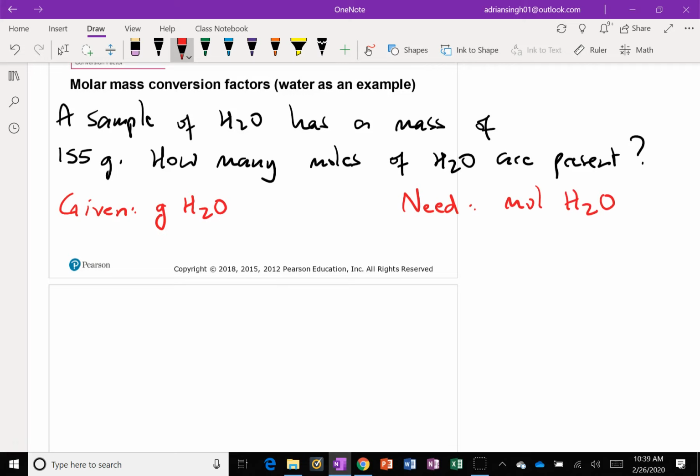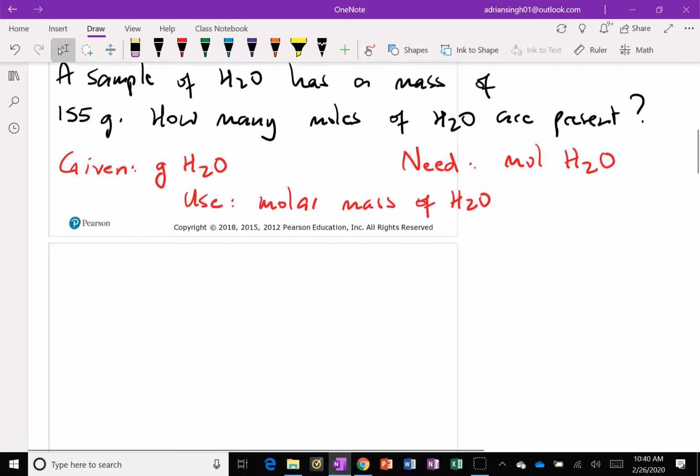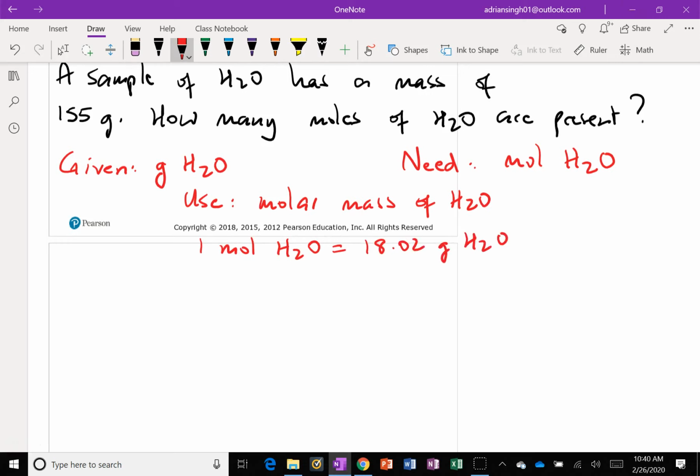So to get from grams to moles, or from moles to grams, that relationship would be our molar mass of H2O. Did we already calculate the molar mass for water? Yeah, we calculated it to be 1 mole of H2O is 18.02 grams of H2O.